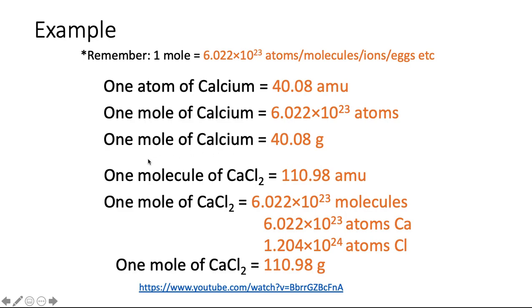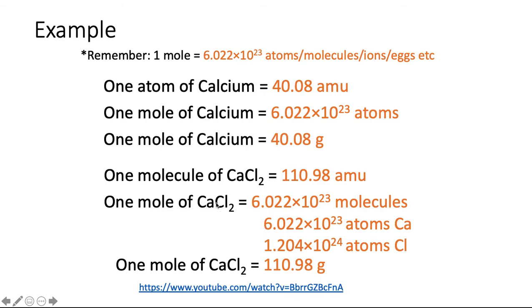Now, how do I calculate the mass of a compound? If I have 1 molecule of calcium chloride, it will weigh about 110.98 AMUs. However, if I have 1 mole of it, I have 6.022 times 10 to the 23rd molecules of calcium chloride. I have the same number of calcium atoms because it's a 1-to-1 ratio.